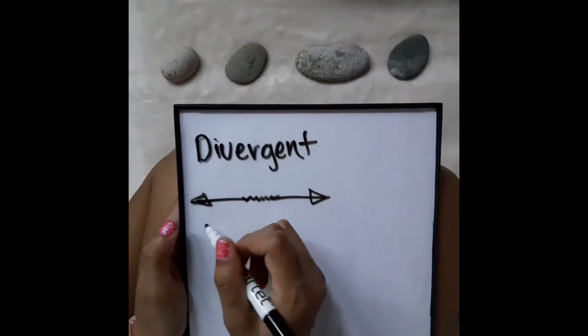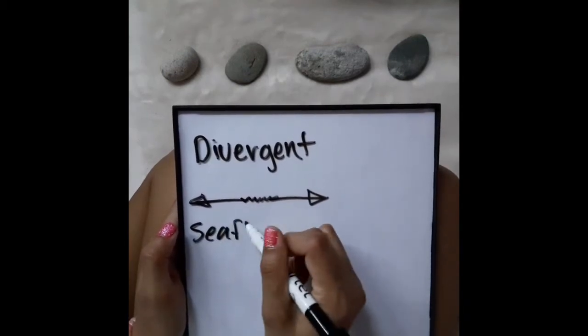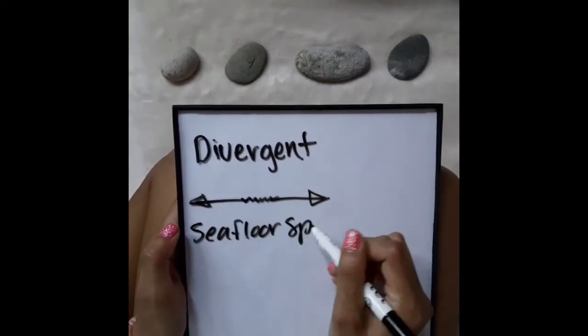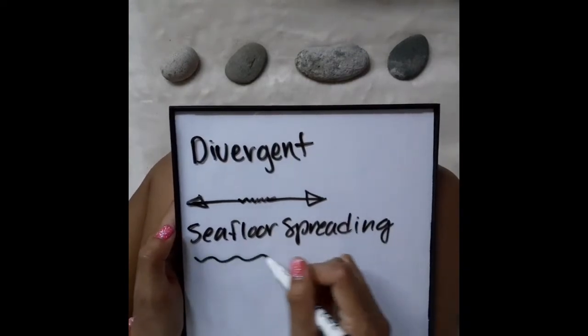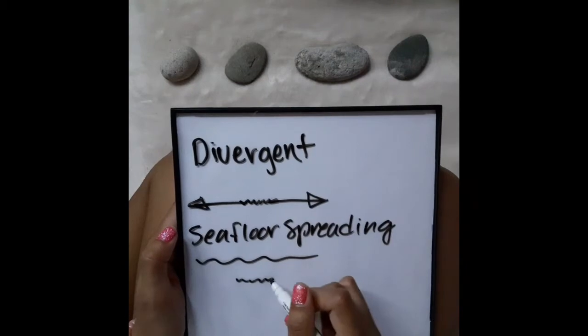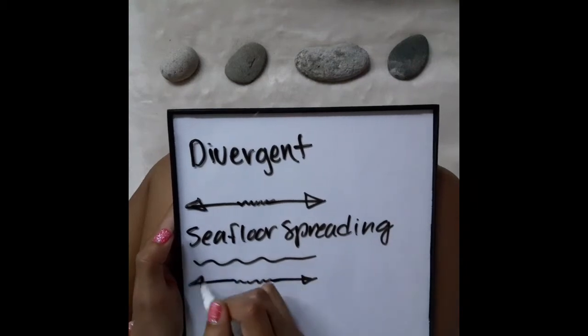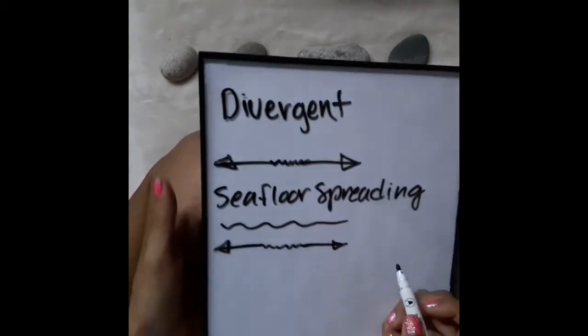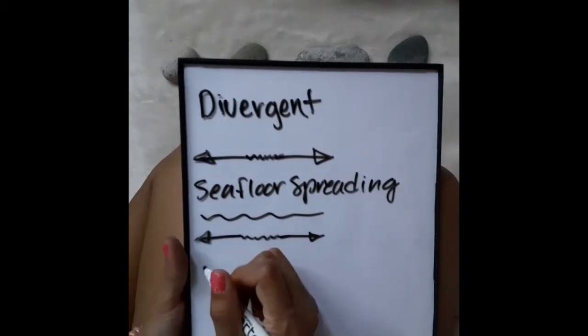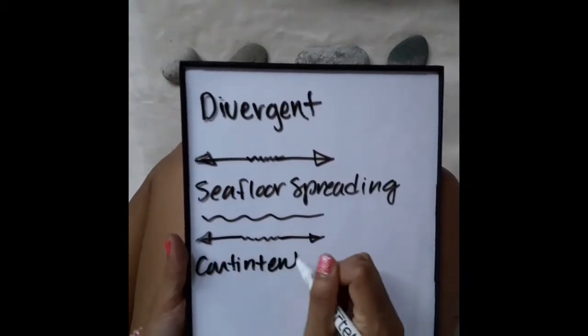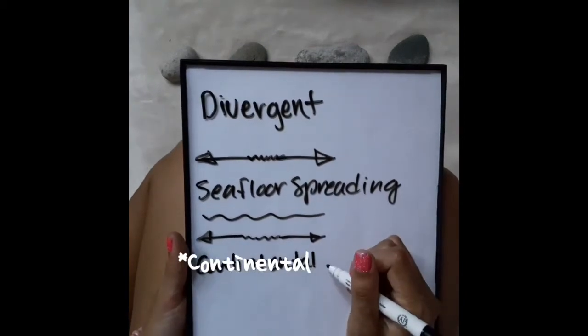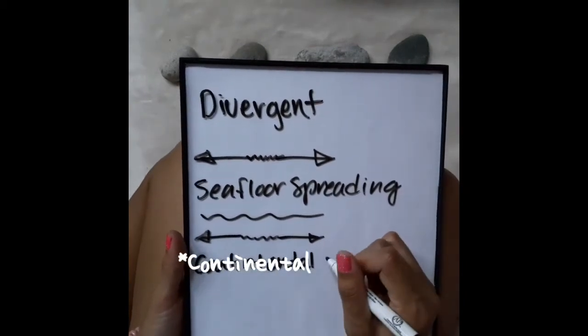So the seafloor spreading are ridges that are created under the water. And then continental rifting is actually what happened to the Red Sea. This is actually how the Red Sea was created.